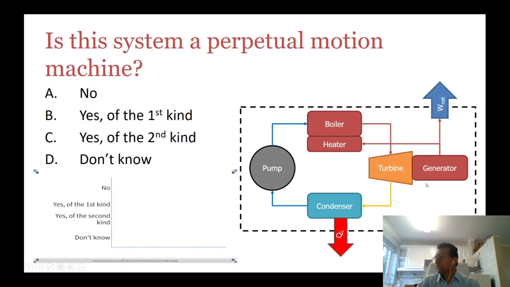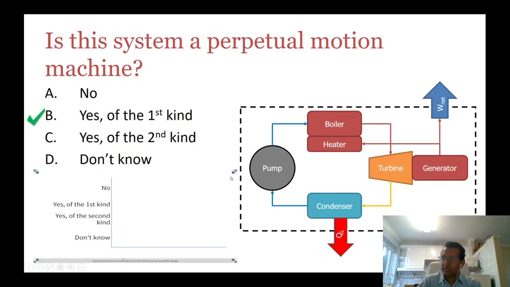The turbine drives the generator, and the generator does some work out, and then it rejects heat to the heater and the boiler. So will that happen?